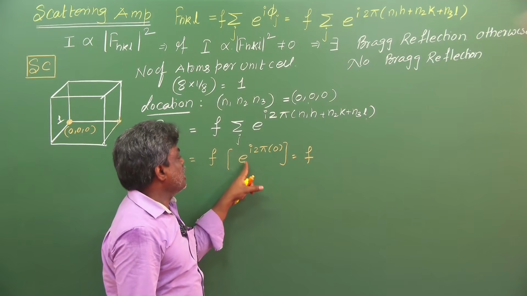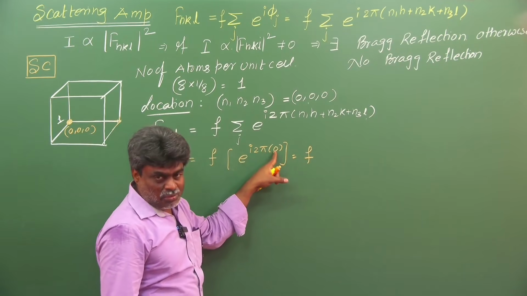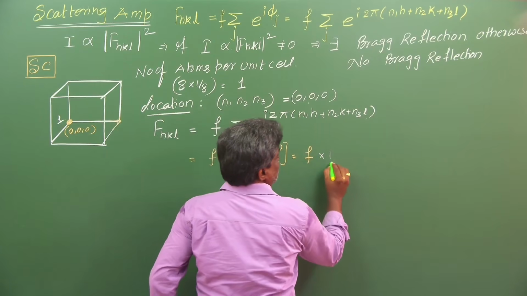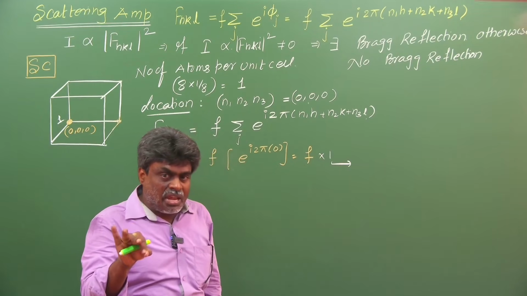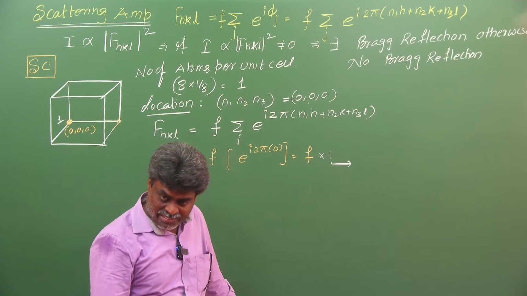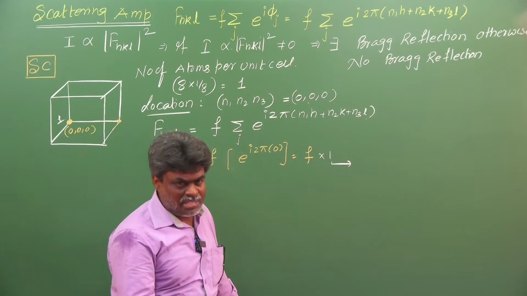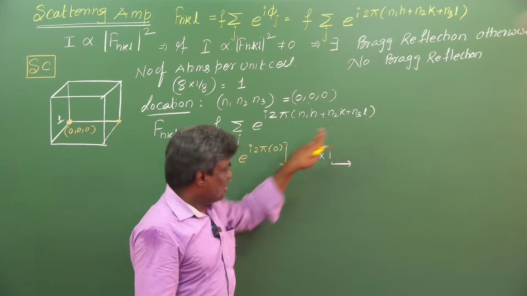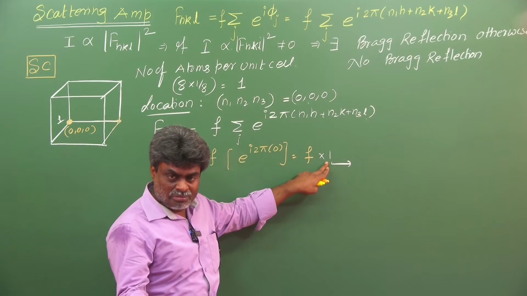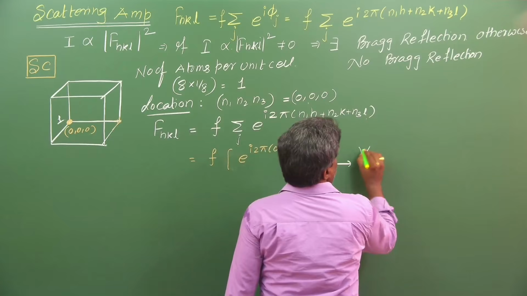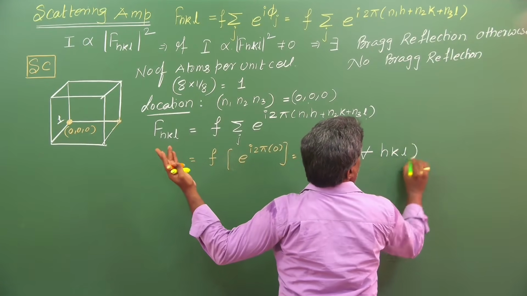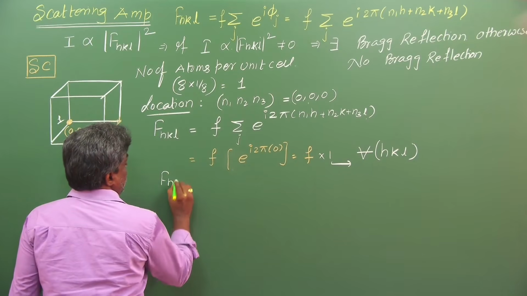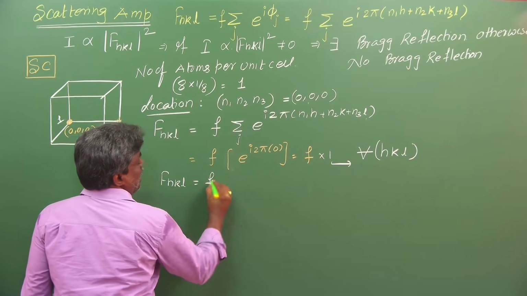Here how much did you get? e raised to i 2 pi 0. This total value how much? 1. Into 1. This 1 depends on HKL or is independent of HKL? Whatever may be the HKL value, this value is always equal to? That means this is for all HKL or only few HKLs? That's it. So finally, the scattering amplitude equals how much?